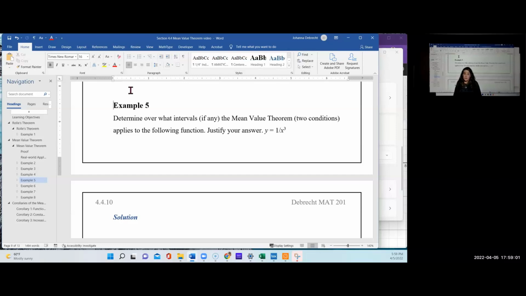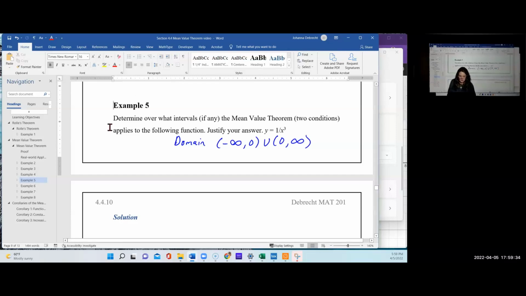So the first thing we should look at is the domain. The domain of this particular function does not include 0, since division by 0 is not allowed. So the domain is negative infinity up to 0, union 0 to infinity. So we know automatically that it won't be continuous or differentiable at 0 because it's not defined there. So any interval that includes 0 cannot satisfy the mean value theorem.